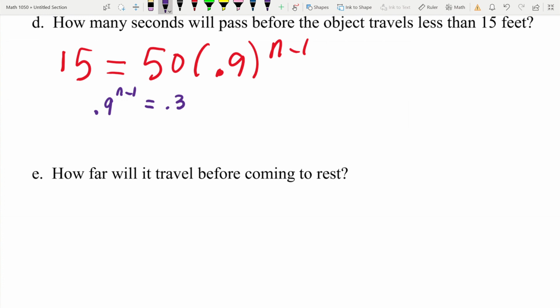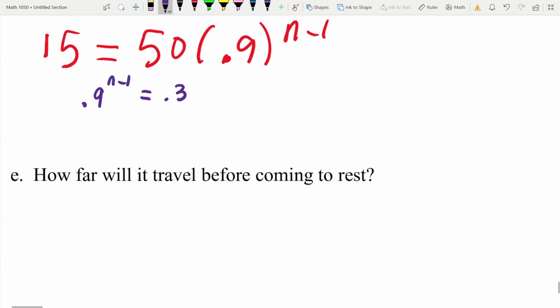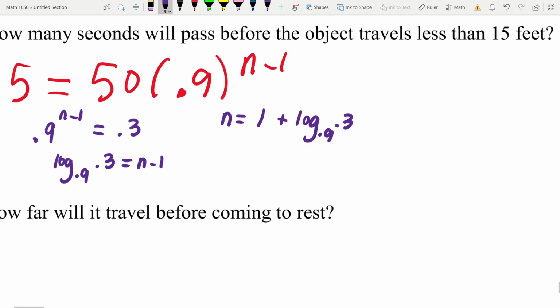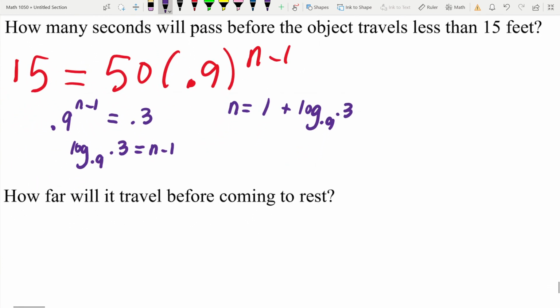And now I'm stuck, so I'm going to convert it. So this is going to be log base 0.9 of 0.3 is equal to n minus 1. Then you pull the 1 over, so you have n equals 1 plus log base 0.9 of 0.3. Okay, now let's put that in our calculator and let's see what we get.